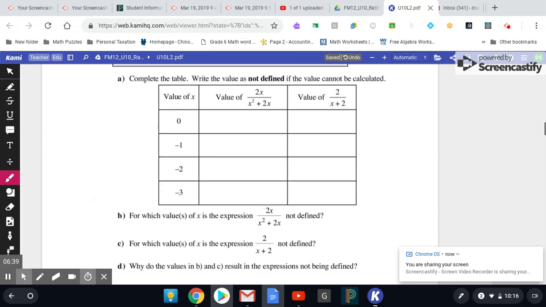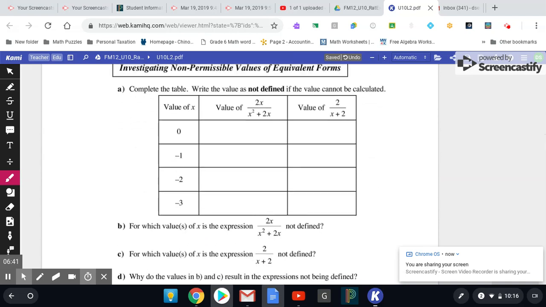Okay, so here they're saying, let's check out what happens if we don't cancel first. We might end up with some non-permissible values that are not the same in both. So if we just leave them where they are and start plugging in 0, I'm going to have 0 on the top here, and then 0 plus 0. So this is just a 0 over 0, which is not defined.